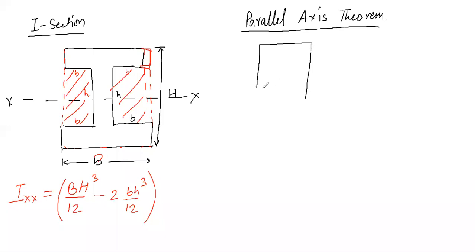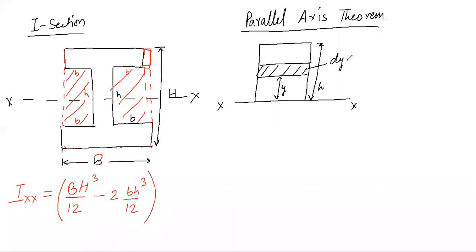Let's draw a rectangle. Suppose in a simple condition, I'm going to calculate the moment of inertia of this rectangle about this x-axis, so this is the value of y from this axis. Suppose this is the height, small h, and this one is your area d, and this is the width. So how are you going to find the value of this?